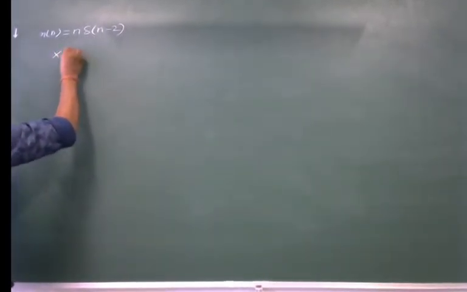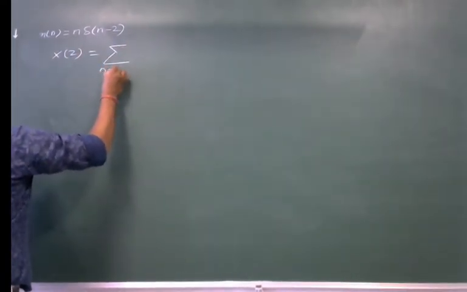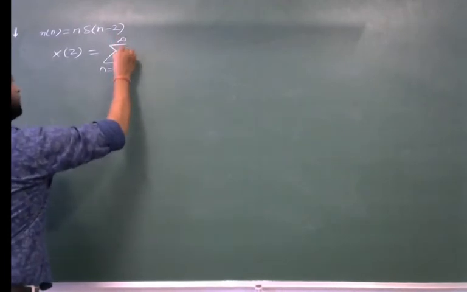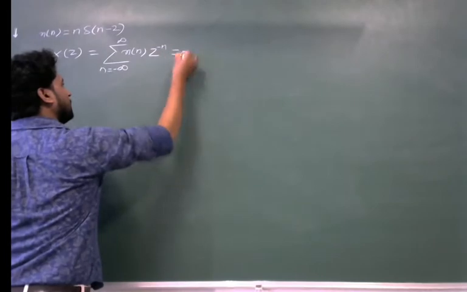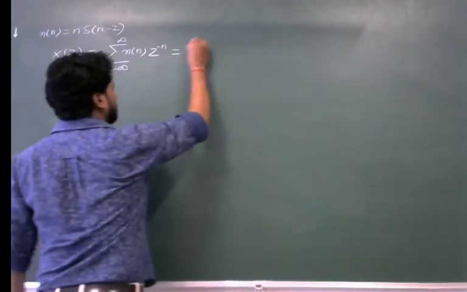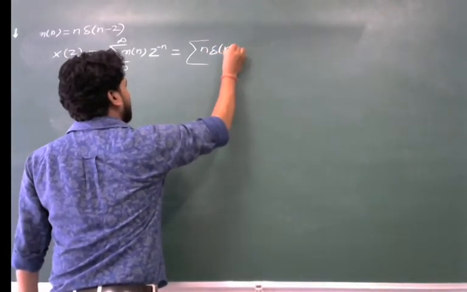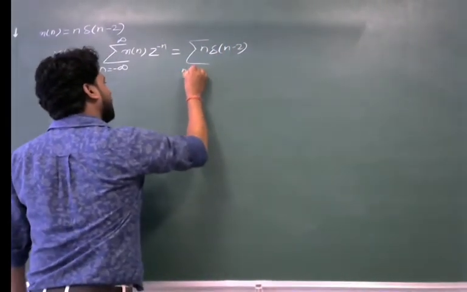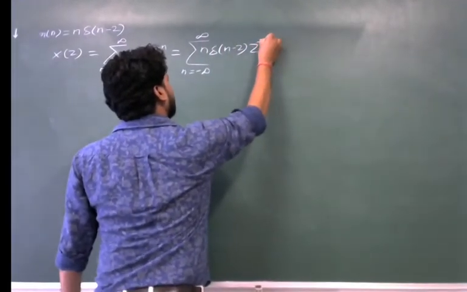Again, its Z transform can be written as sigma from minus infinite to plus infinite x of n z power minus n. Or in place of x of n, we can write n into delta n minus 2, from minus infinite to plus infinite, z power minus n.